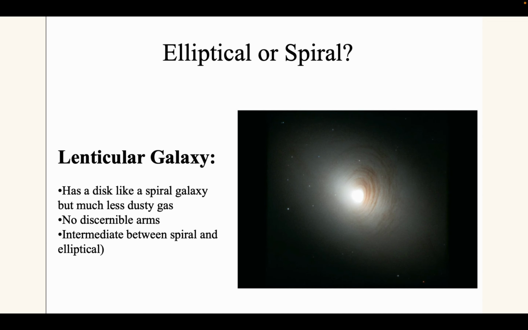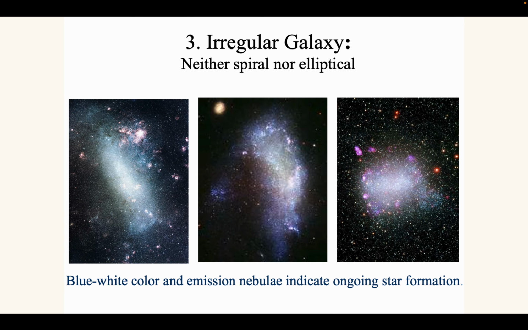Lenticular galaxies have a disc like a spiral galaxy, but much less dusty gas is present. This is an intermediate class between elliptical and spirals. Here is an example of a lenticular galaxy.